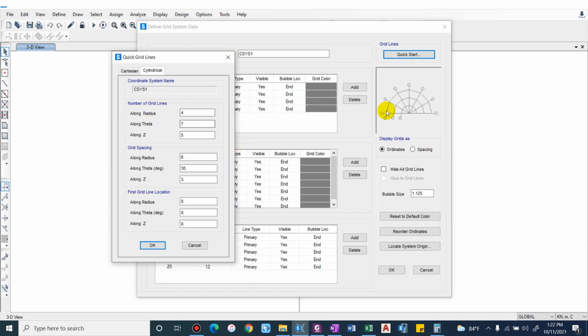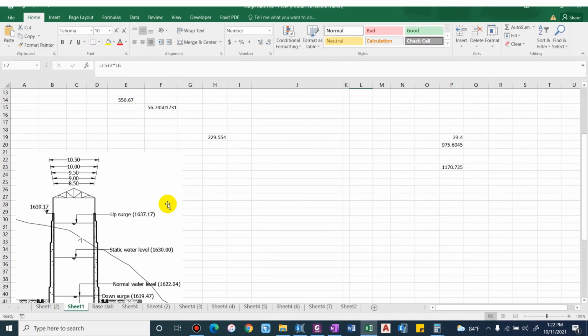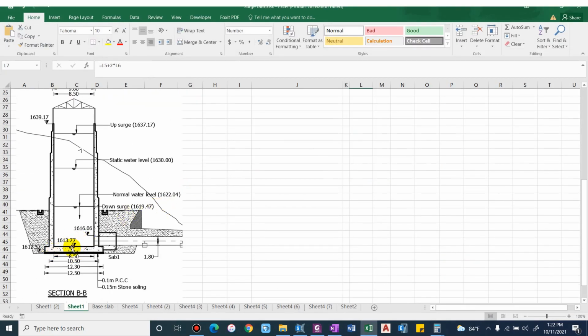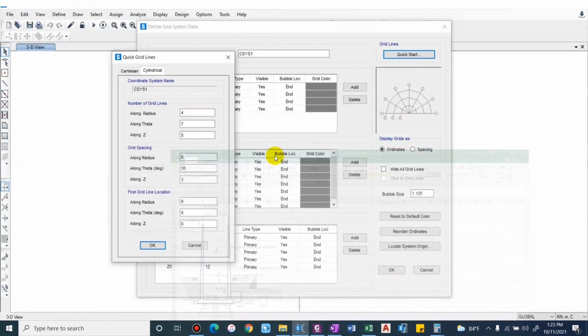So along radius, how many grid lines will be necessary for us? Here you can see from the drawing as well, considering this as the origin 0 0, we'll require 1 2, so 2 grid lines along radius will be sufficient for now.